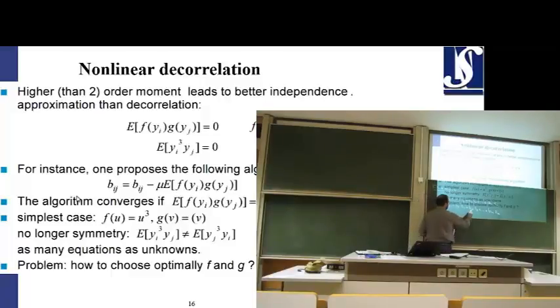Assuming that there is an i, which is not 0, so it means that we have Si somewhere.